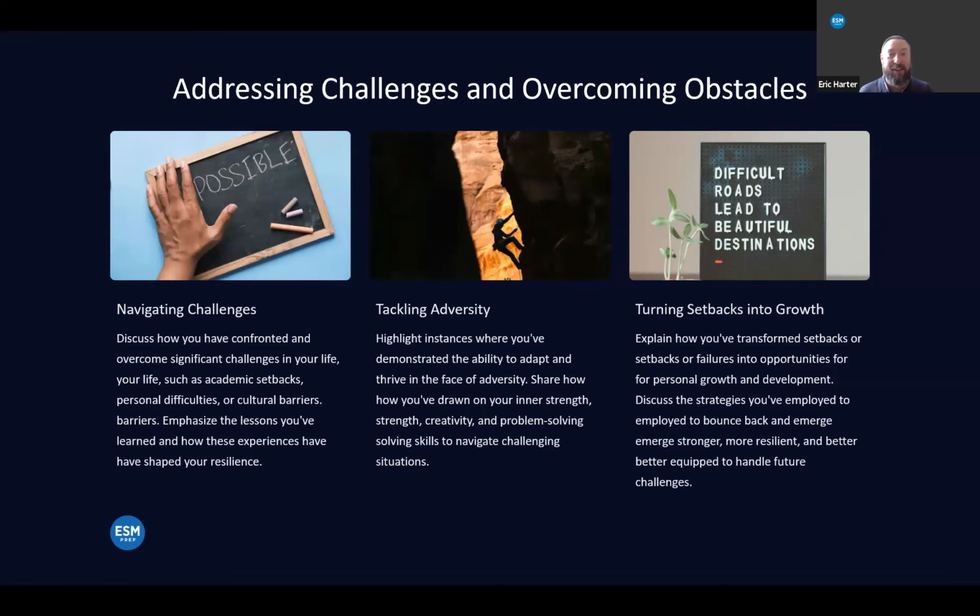These are higher education institutions. They're looking at how you are going to make their college better. Adversity. We all face different types of adversity. So drawing on that inner strength, your creativity, problem solving, absolutely can be wonderful things that you're writing about. And oftentimes, turning setbacks into growth can be something that is a wonderful essay.